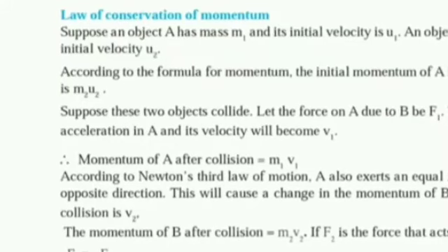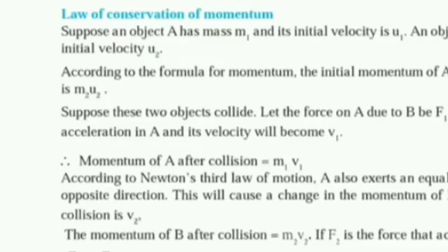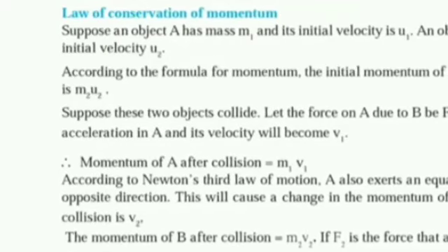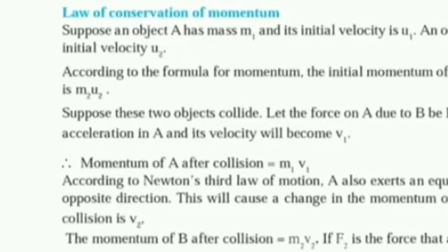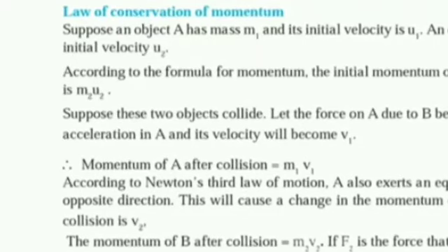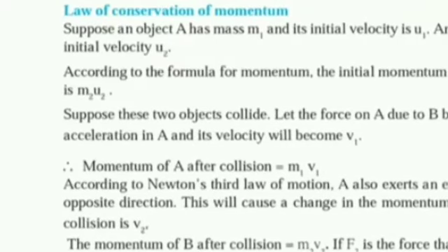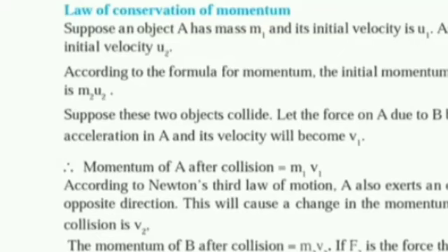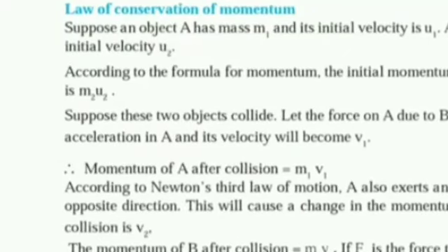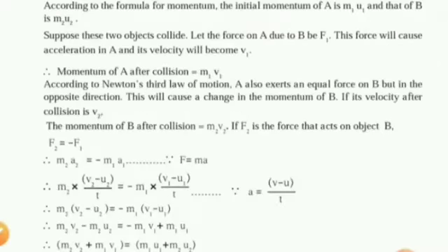Our formula is that force is equal to m a, and acceleration is equal to v minus u upon t. So m2 a2 means m2 times v2 minus u2 divided by t, is equal to minus m1 times v1 minus u1 upon t.